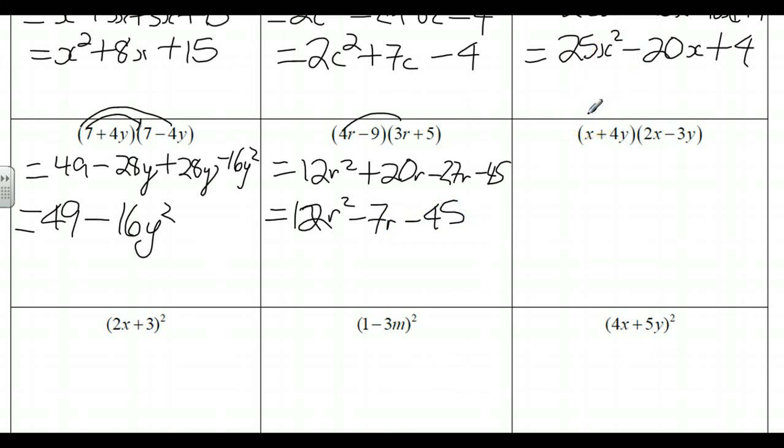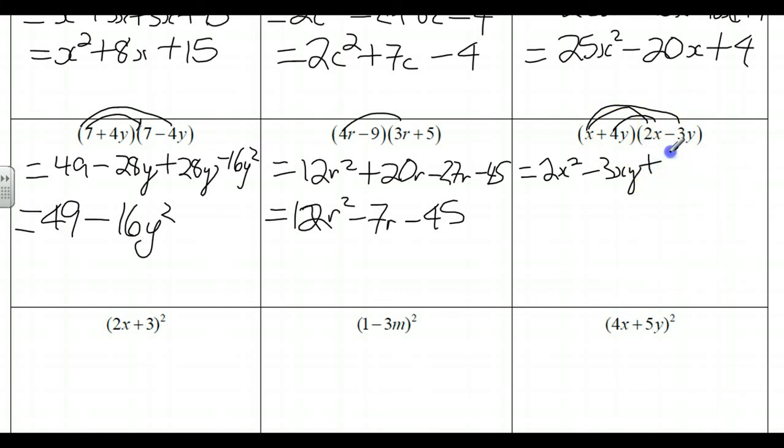Okay, this time we have combined x's and y's. Remember what we did with the algebra tiles? You could do this, but let's just FOIL it out. First times first, that's 2x squared. Outer, minus 3xy. Inner, plus 8xy. Notice how they're both positive, the 4y and the 2x.